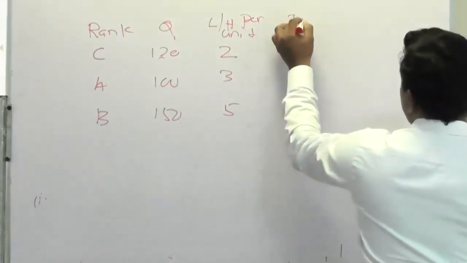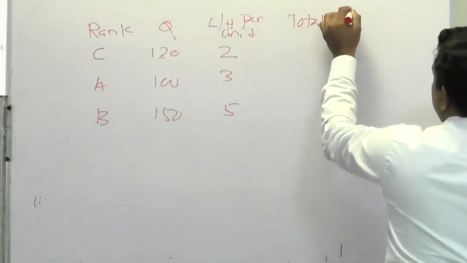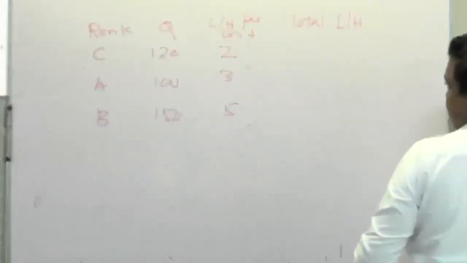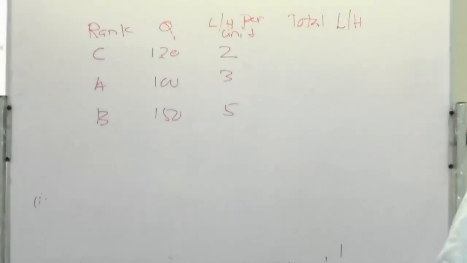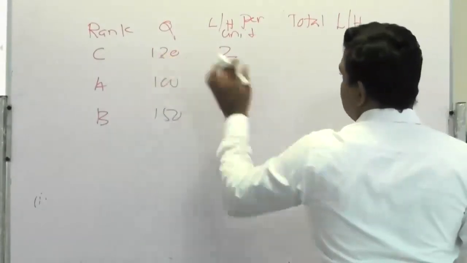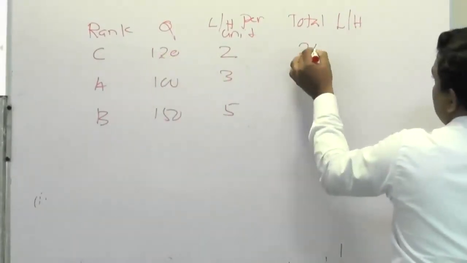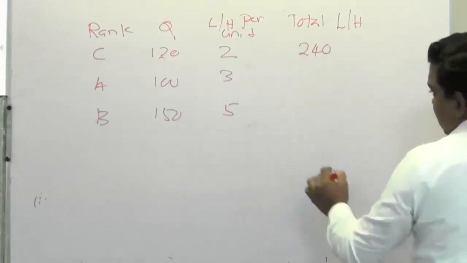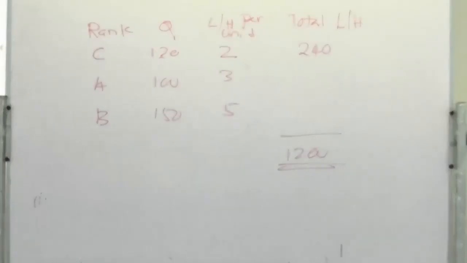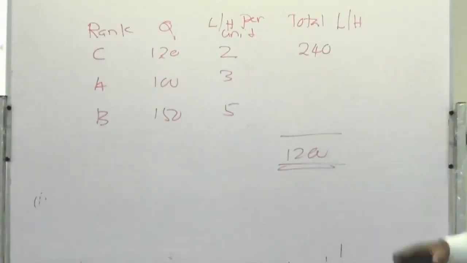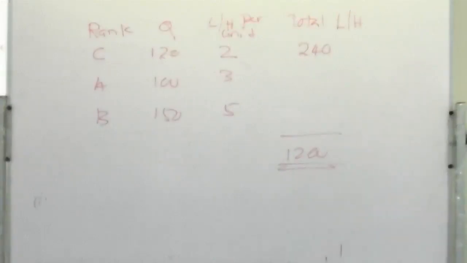Let's see total labor hours, the limiting factor. You can produce C first. To produce 120 C, it requires 240. Altogether you have 1200. Now you already consumed 240 labor hours. Further you have 960.